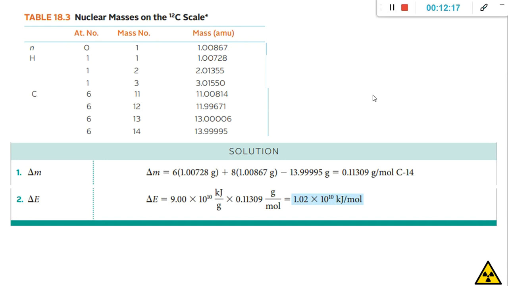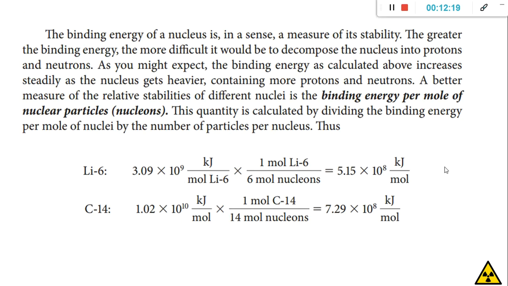The binding energy of a nucleus is, in a sense, a measure of stability. The greater the binding energy, the more difficult it would be to decompose the nucleus into protons and neutrons. Again, if the binding energy is large, it is hard to decompose, hard to break into protons and neutrons.